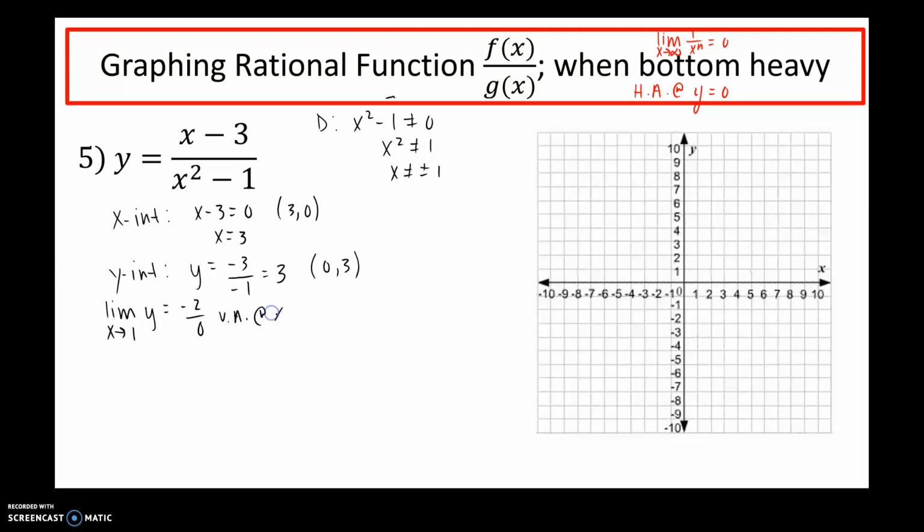So that verifies x equals 1 is a vertical asymptote. When I look at the limit as x approaches negative 1 of my function, I get negative 4 over 0, therefore giving me another vertical asymptote at x equal to negative 1. And then we already know that there's a horizontal asymptote at y equal to 0, because it's a bottom-heavy function.